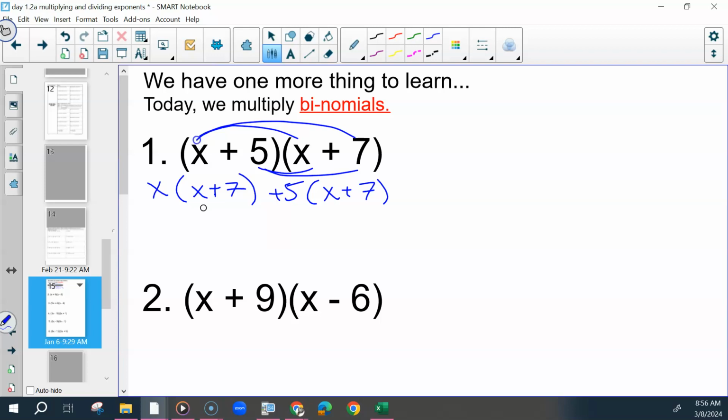So x times x would give us x squared. X times 7, 7x. 5 times x, 5x. And 5 times 7, 35. There we go. And then we would combine any like terms that we have. So if we did that, what would our final answer be?